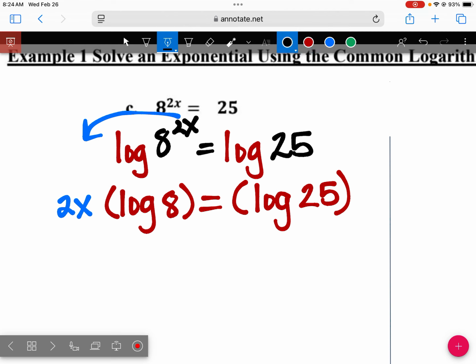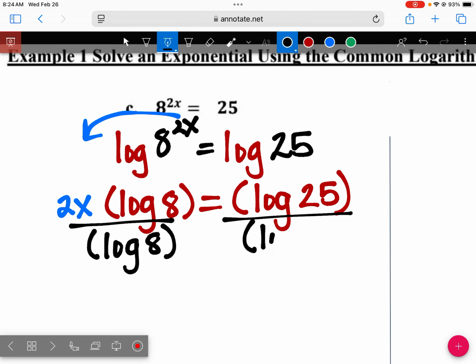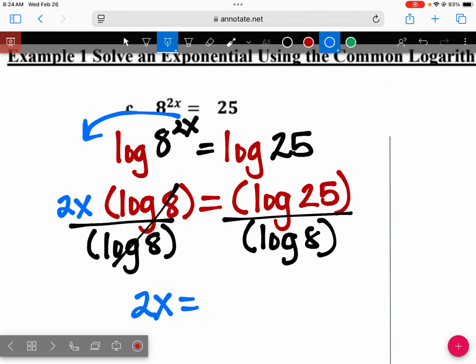And then we divide both sides by the log of 8. So pick up your calculator, type in log 25 divided by log 8. You should get something close to 1.55, except this time we're not done.